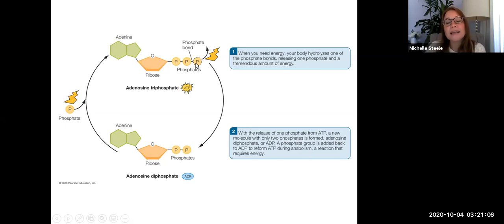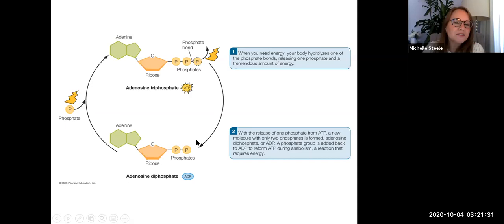Now, our body, when it needs that energy, is going to take this ATP, release a phosphate, and in the process, release a tremendous amount of energy that was stored in that bond. So you see, I can cleave that bond, I can hydrolyze that bond right off that ATP, and I'm going to release a lot of energy in the process.